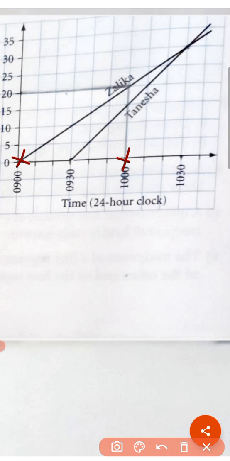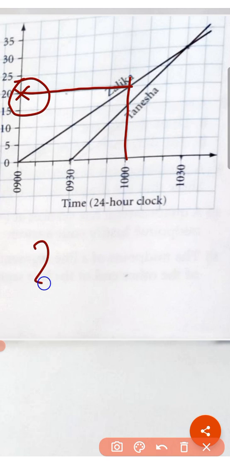From 9 to 10, draw a perpendicular line from 10. Draw another line parallel to the x-axis which will meet here. So in 1 hour, Saliga travelled 20 kilometer.